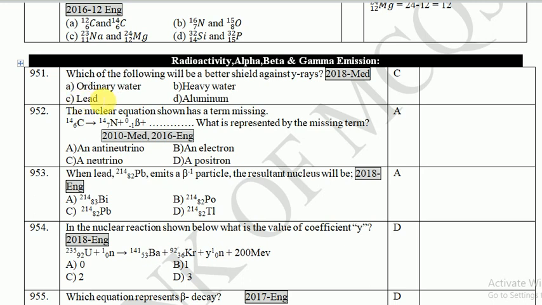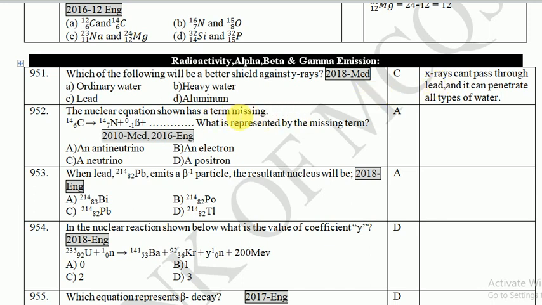So remember that lead is given as the example in the book, that X-rays can't pass through lead. X-rays can penetrate all types of water, either soft or hard.